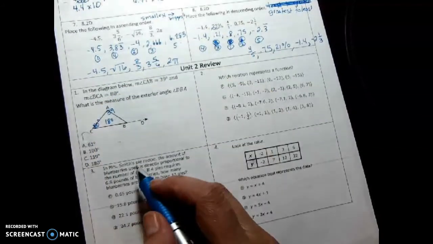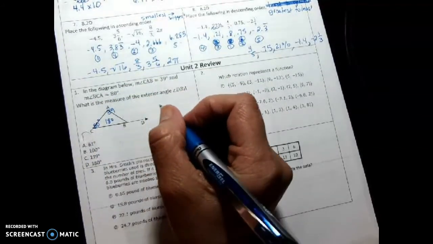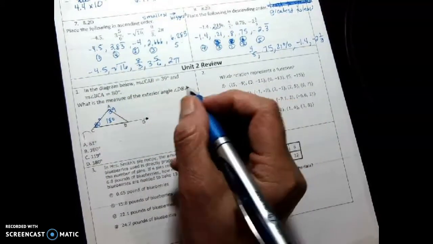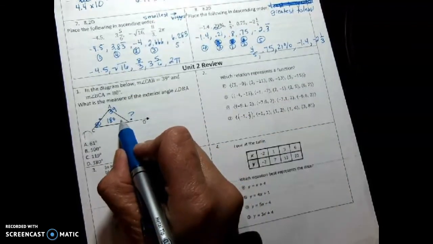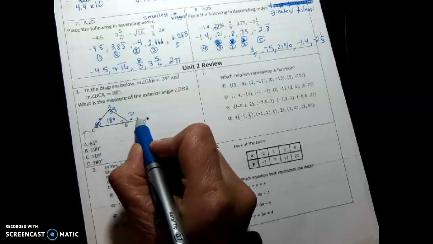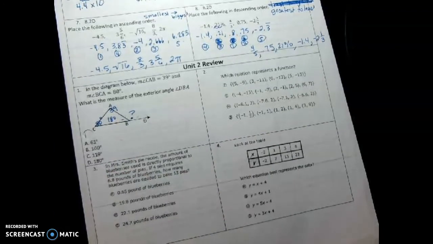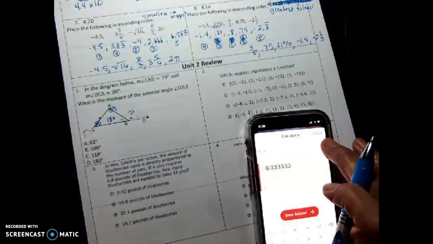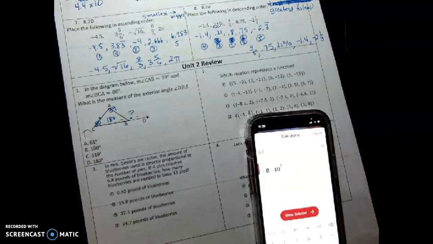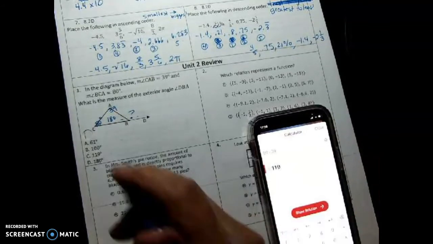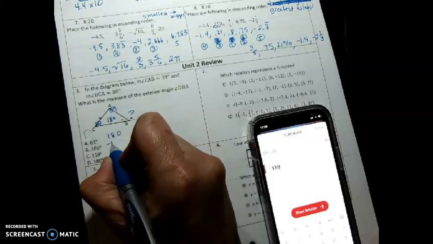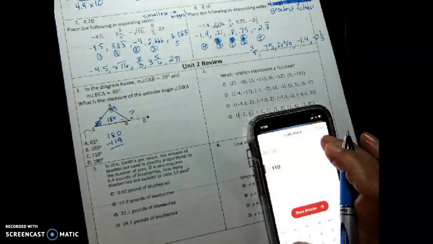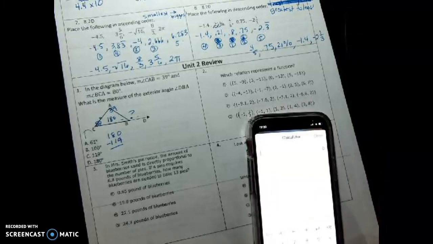Okay, so I want to know. We want to know this for the answer, but I have to find out this one first before I can do that one. So I'm going to go 80 plus 39 is 119, and then 180 minus 119, because a whole triangle equals 180.